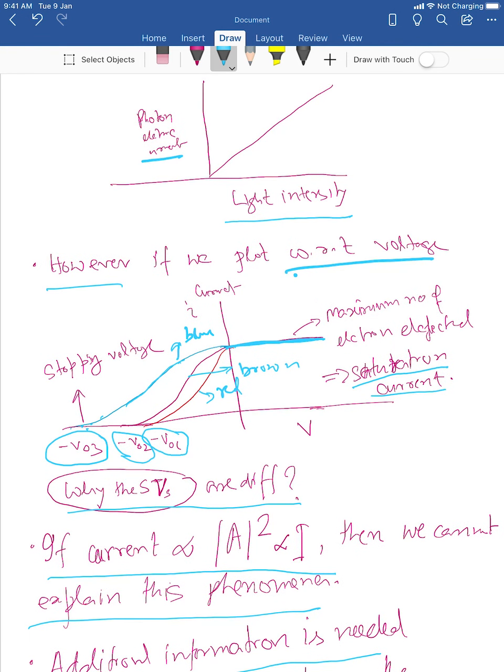The electrons are getting energy from the light that is coming onto the metallic plate, and they are getting some kinetic energy. Now you are reversing that by putting a negative voltage, and you are trying to stop the electrons. When none of the electrons can cross, there is no current, the current becomes zero, and the voltage is called the stopping voltage. If it depended only on the intensity, then for all the lights the stopping voltage should be the same, but it is not the same.